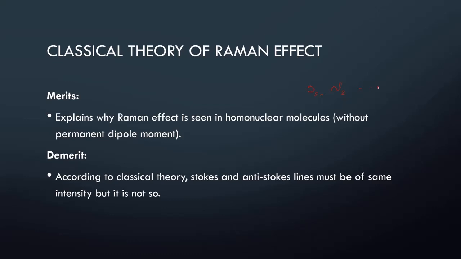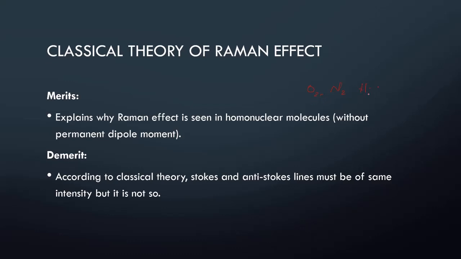These homonuclear molecules are usually not active in the usual vibrational or rotational spectrum, since they have no permanent dipole moment. But when we take the Raman spectrum, we can find a characteristic line for homonuclear molecules such as oxygen, nitrogen, hydrogen, etc.